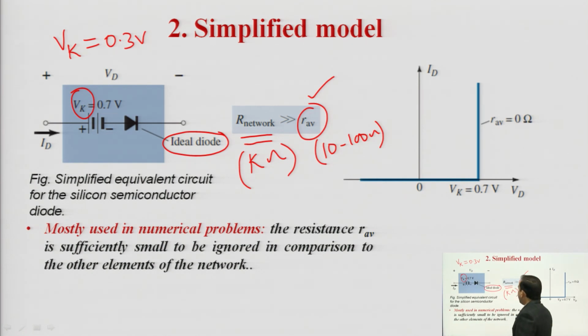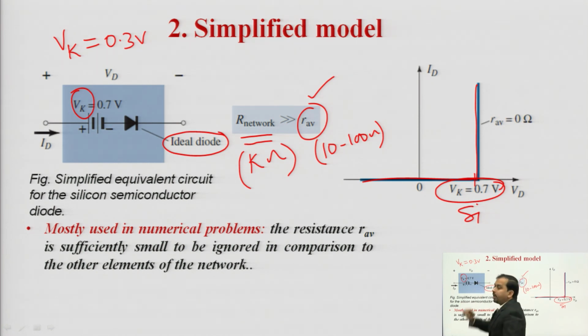If Rav is 0, then the curve becomes a straight line, with Vk at 0.7 V for silicon. Rav is just short circuited because its value is 0. So now we can use a battery of 0.7 V and an ideal diode instead of the diode when we use the simplified model in most numericals.